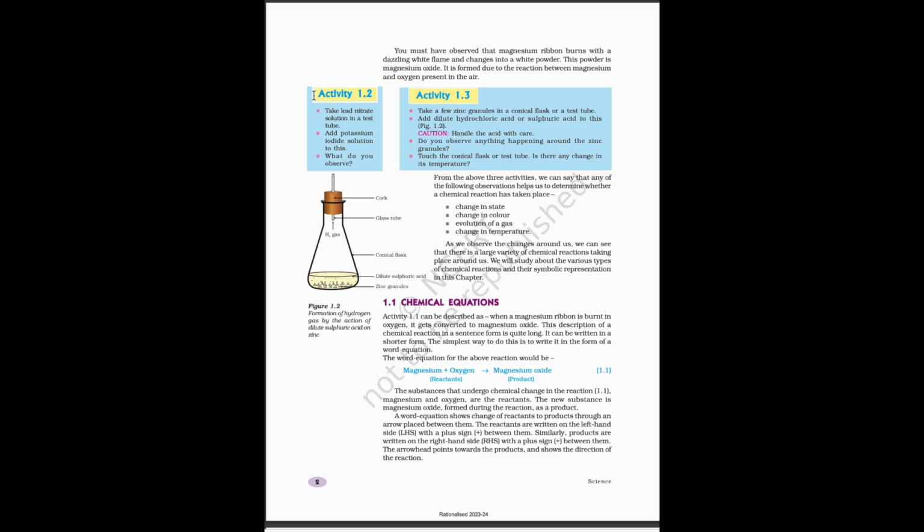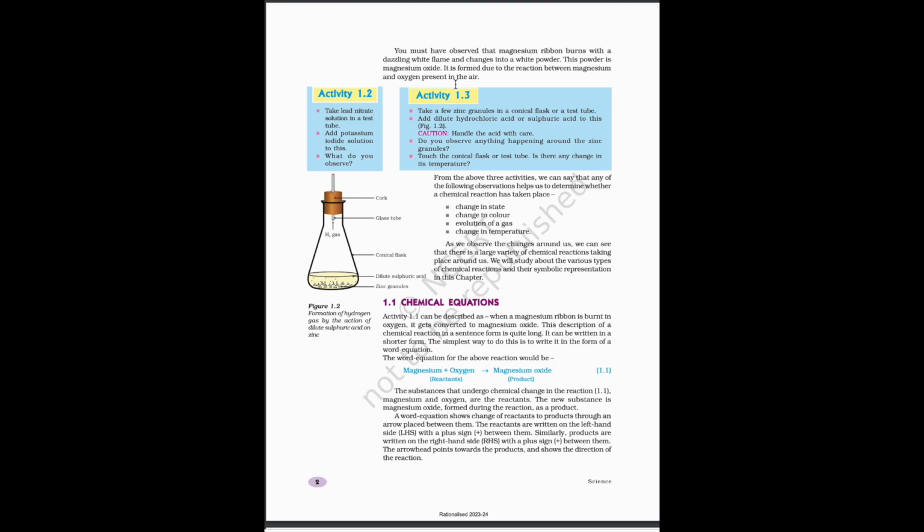Activity 1.2. Take lead nitrate solution in a test tube. Add potassium iodide solution to this. What do you observe? Activity 1.3. Take a few zinc granules in a conical flask or a test tube.